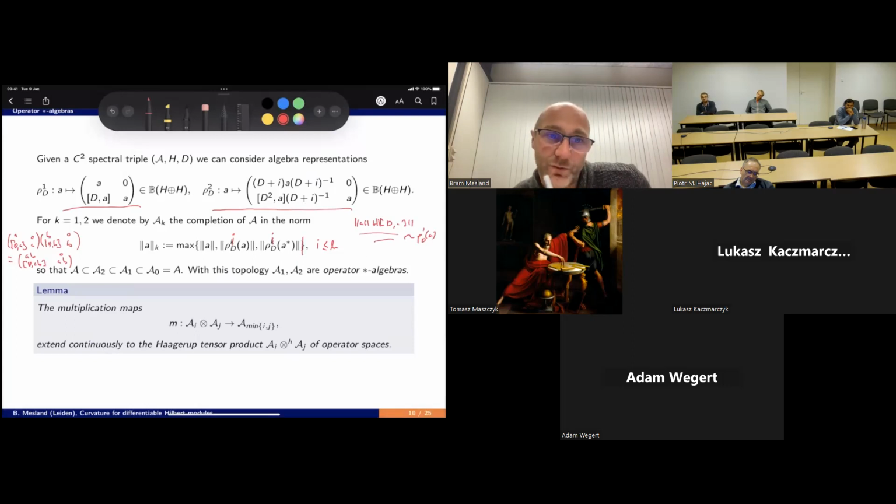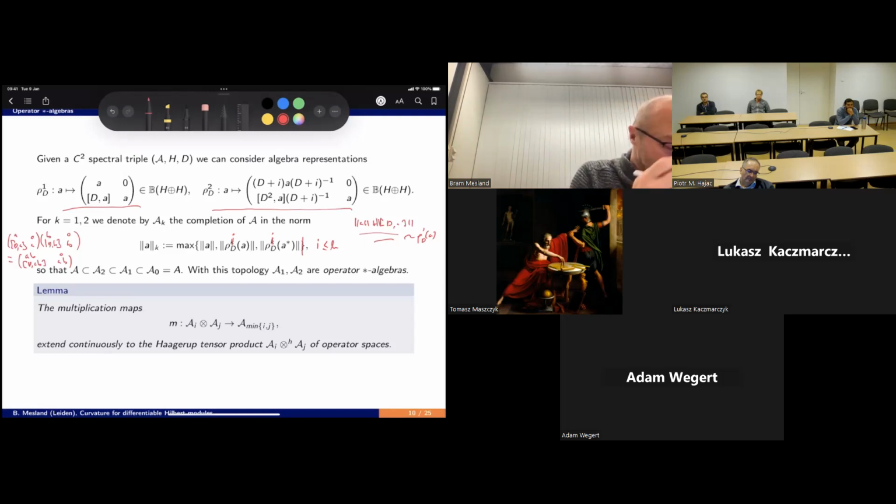The technical reason that I want to work with row 1 and row 2 is that these are so-called operator space representations. I will not go deeply into that, but again, these representations realize my differential objects as operators on Hilbert spaces that I understand algebraically from my data.